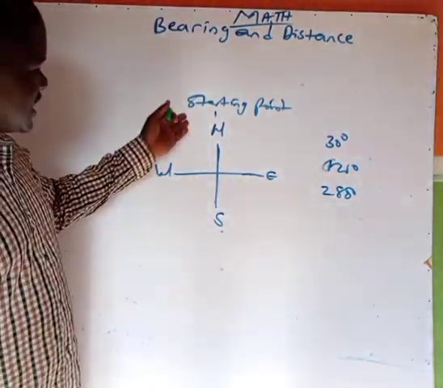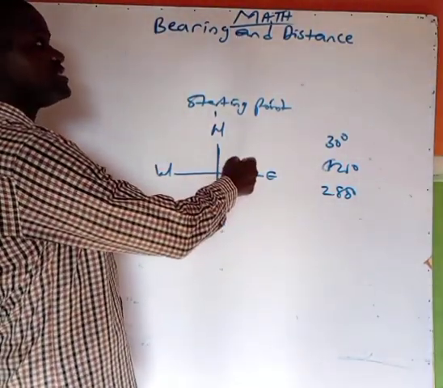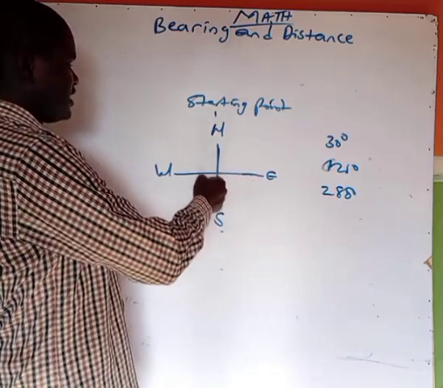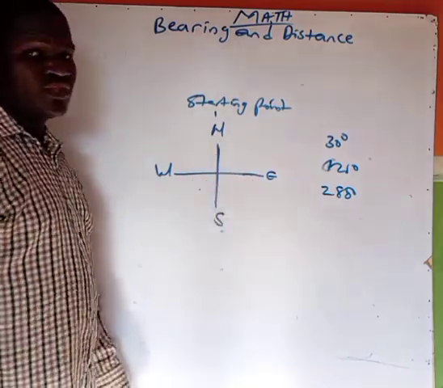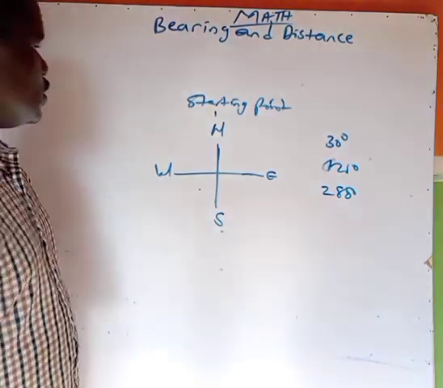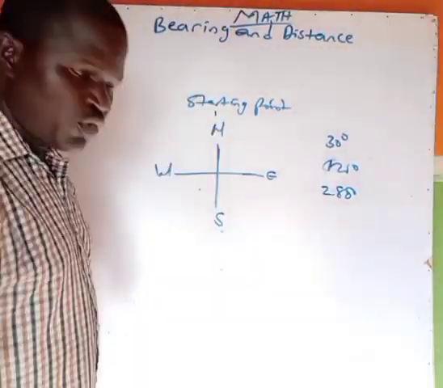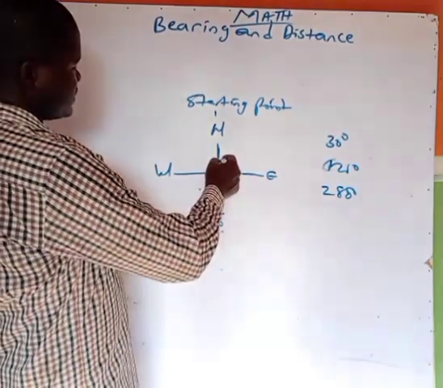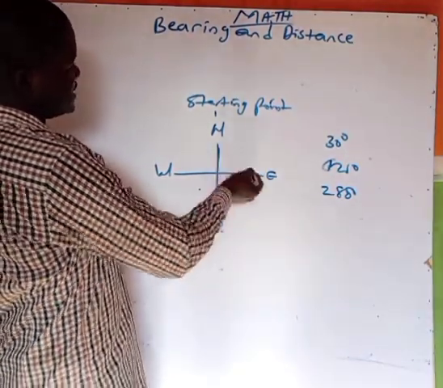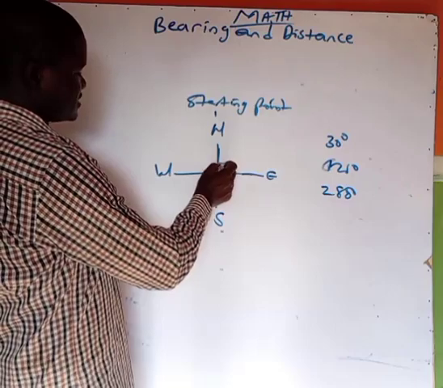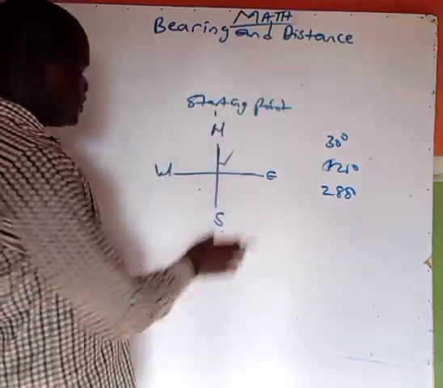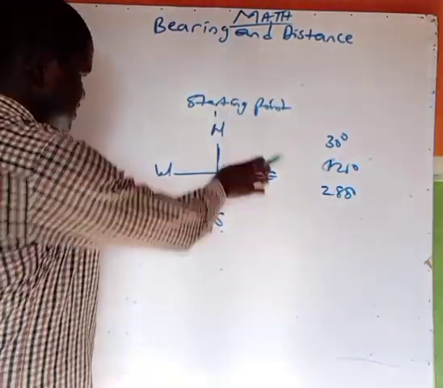From the starting point, here is 90, 90, 90, 90, which is 360. So when they tell you 30, you move in the direction of 30. It simply means that from the starting point, you just turn 30, then you move up. That is what that means.